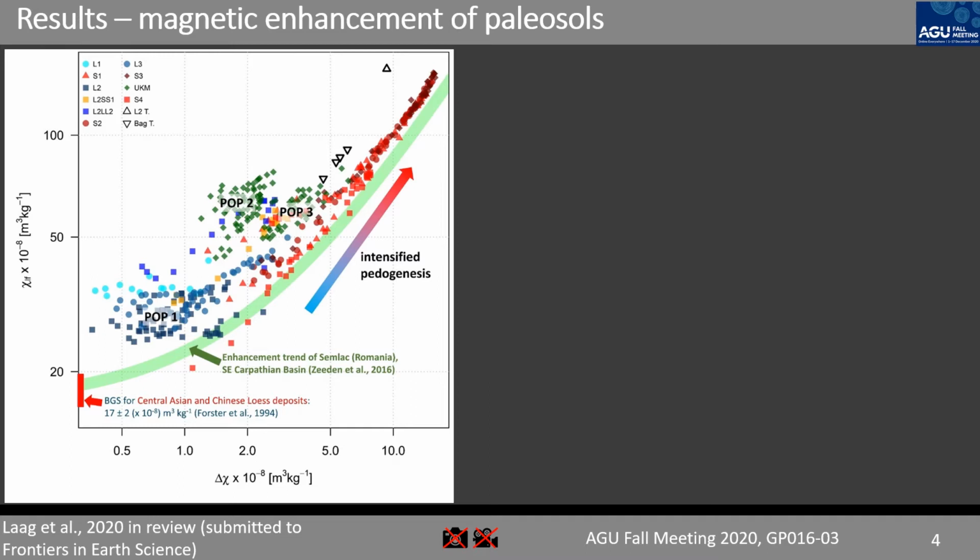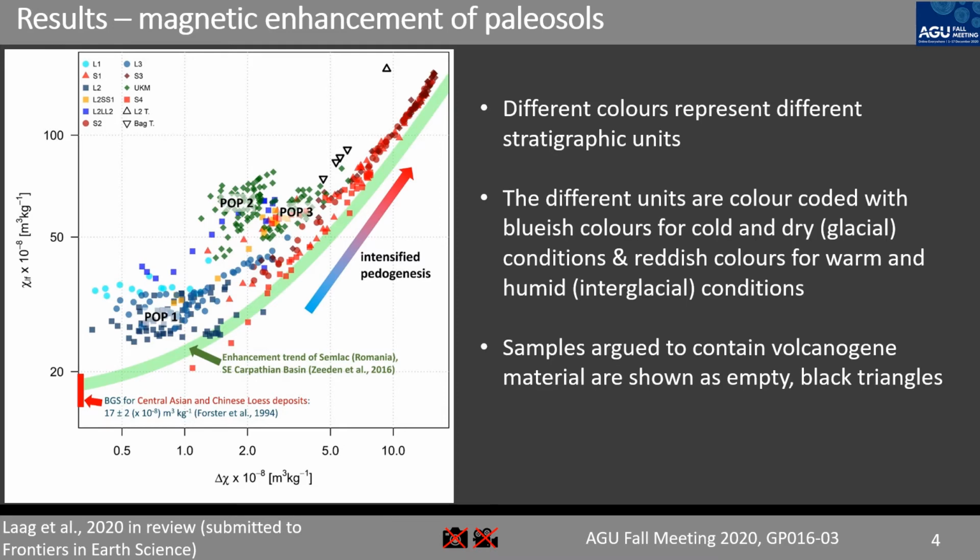The frequency dependence is an indicator for the strength of pedogenesis because it tracks superparamagnetic particles close to the border of the stable single domain grain size, and we know that these particles are especially formed under pedogenesis, so under warm and humid conditions.